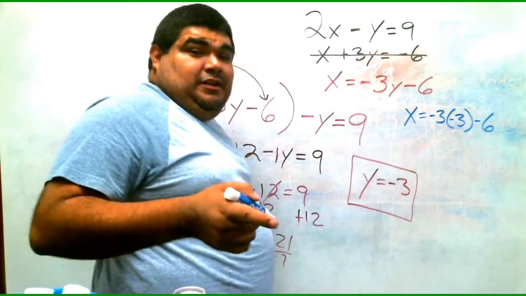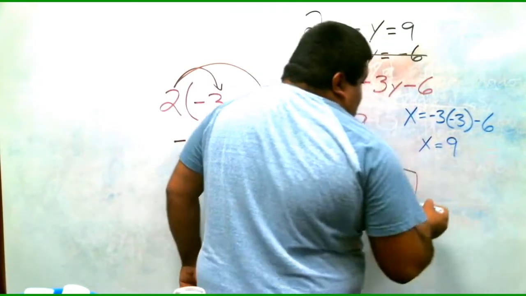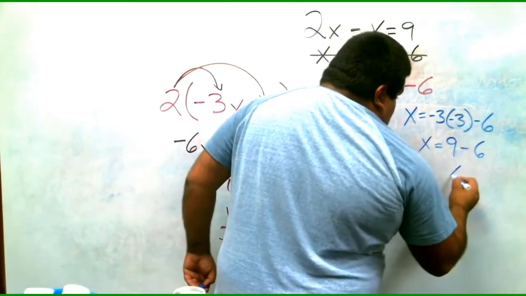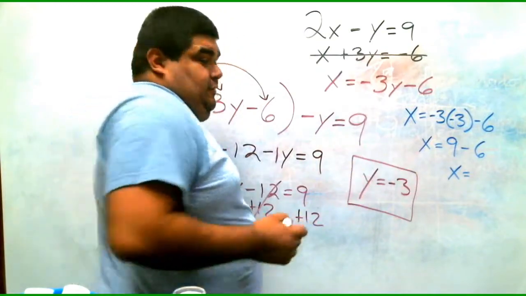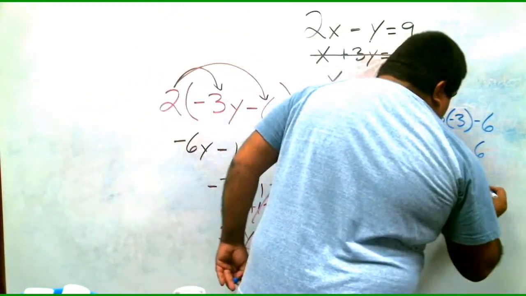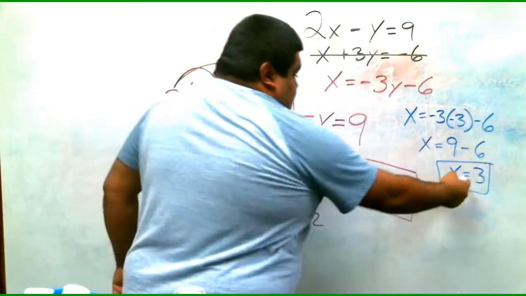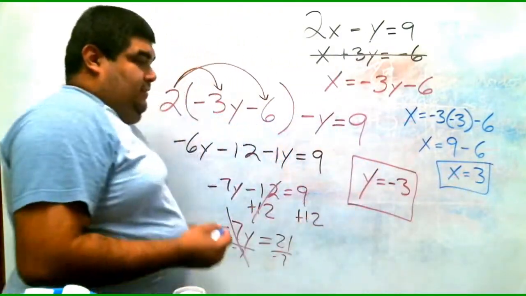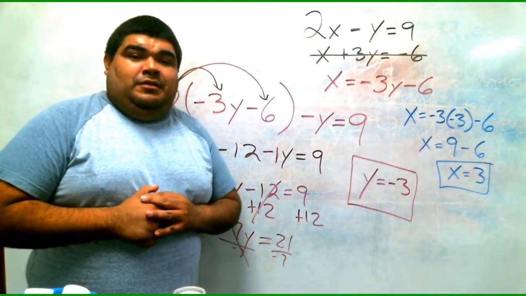The rule is positive. So x equals 9 minus 6. 9 minus 6 is 3. Good. So x equals 3. And we solve for both x and y. And that's how you do substitution.